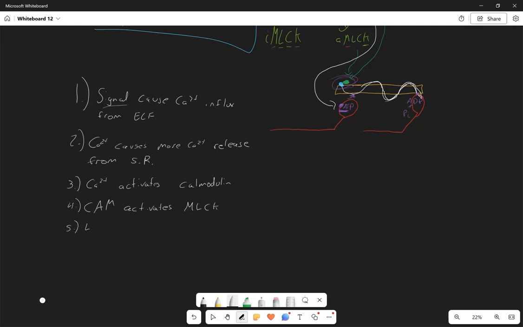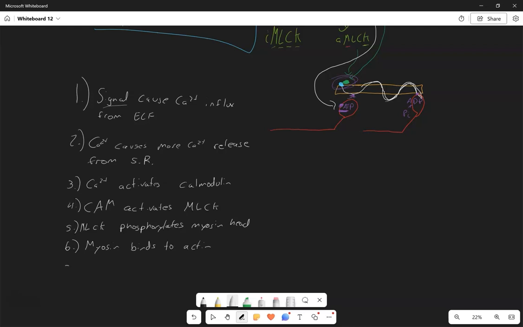The MLCK, myosin light chain kinase, phosphorylates the myosin head, and then step 6 is myosin binds to actin, forming that cross bridge.